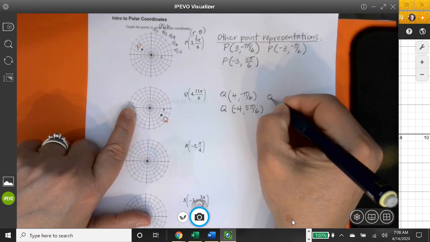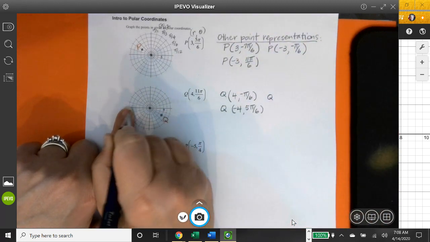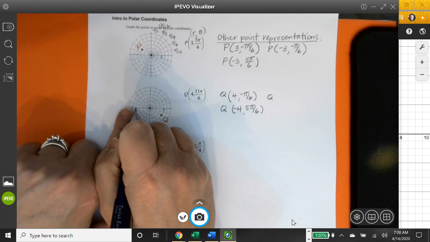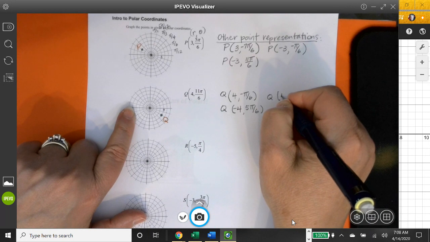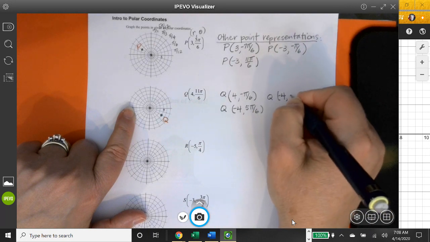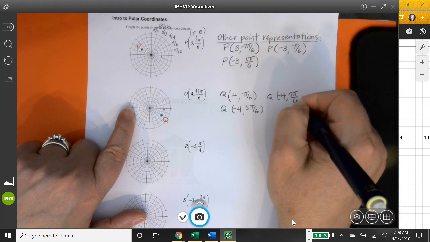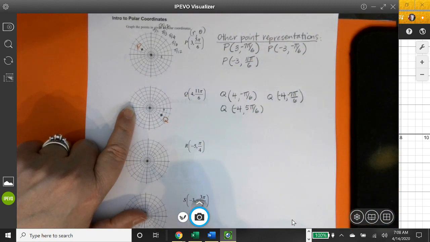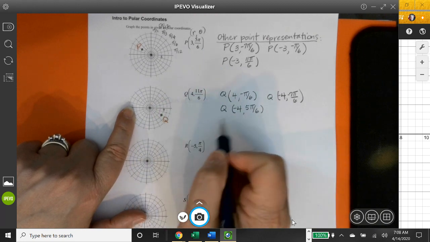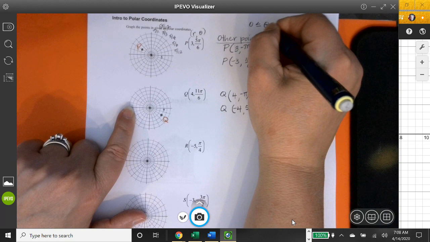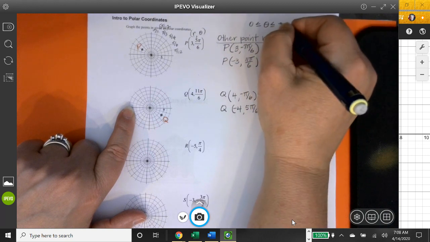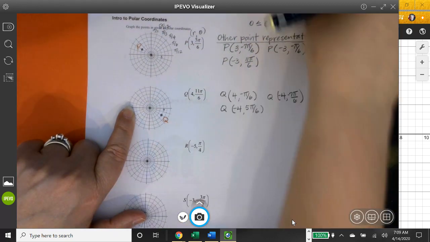And then I could go out negatively again, 1, 2, 3, 4, and then rotate clockwise, and that would be, I'm sorry, that's negative, 7 pi over 6. And so that's 4 times. Now remember, we're doing our other point representations between 0 and 2 pi.